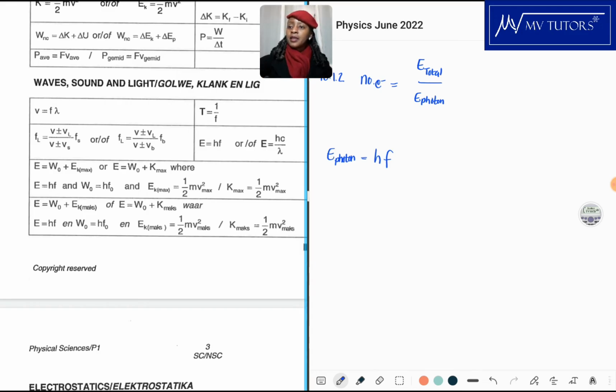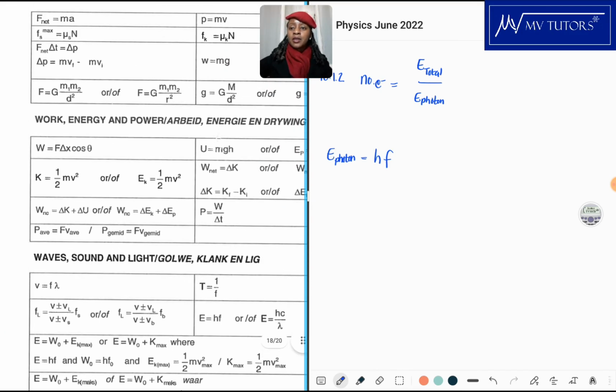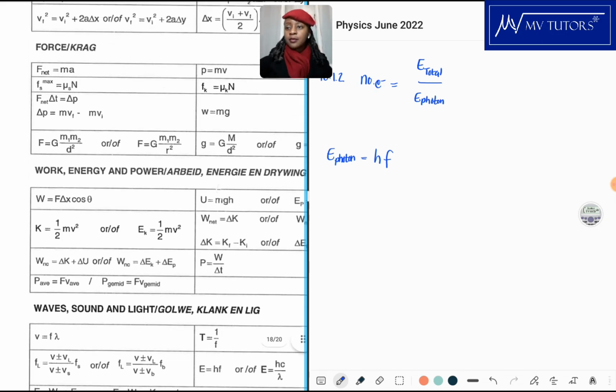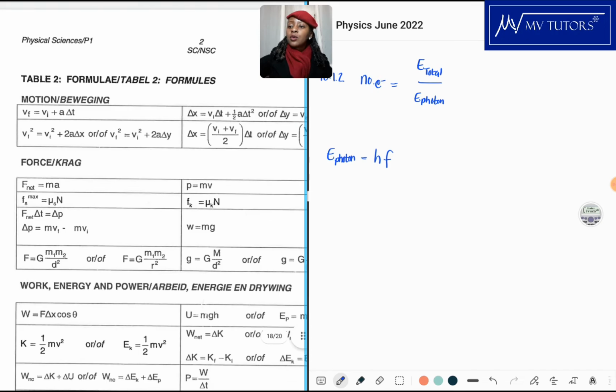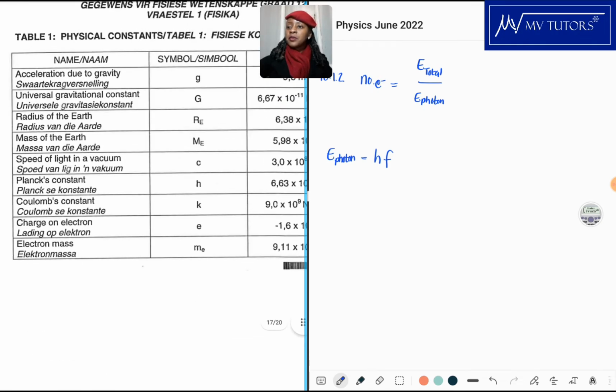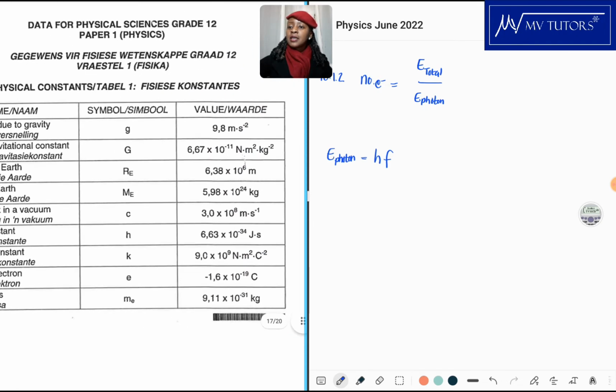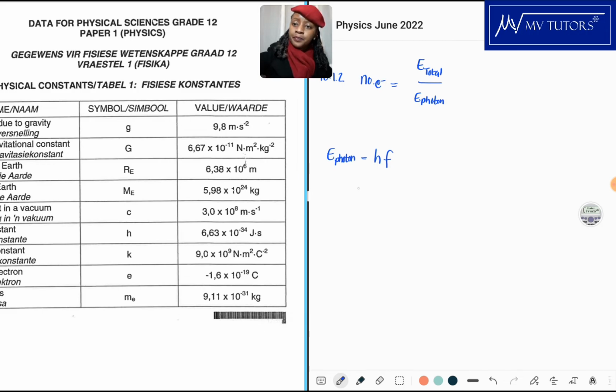There are various equations here. Again, if you refer to the video that I made, you will see that I put E photon so that you know it is the energy of a photon or photoelectron. Now Planck's constant, we can read it out here, which is 6,63 times 10 to the power negative 34 joule seconds.